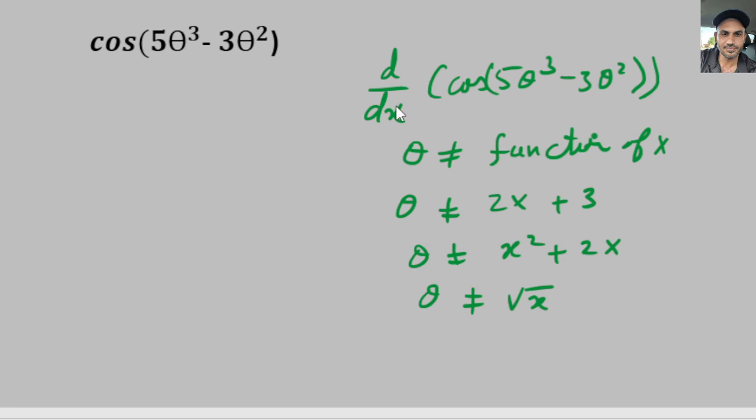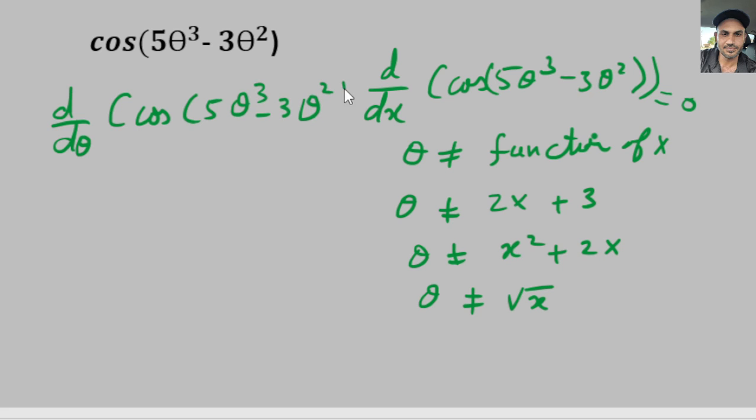So the derivative of this whole thing with respect to x is going to be 0. But that's the easiest one. Now we want to take the derivative d over d theta of cosine of 5 theta cubed minus 3 theta squared.